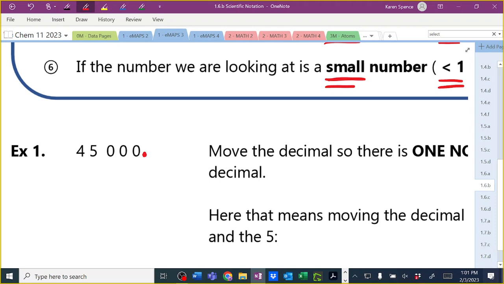Right now we have 1, 2, 3, 4, 5 digits in front of the decimal. That is not okay. All right, so we are going to move that decimal place 1, 2, 3, 4 places. So instead of having 45,000, we will now have 4.5.